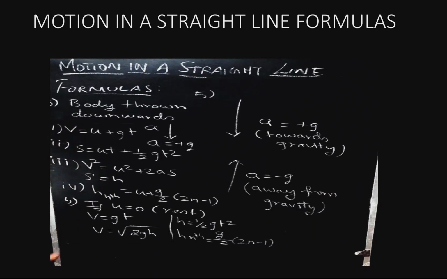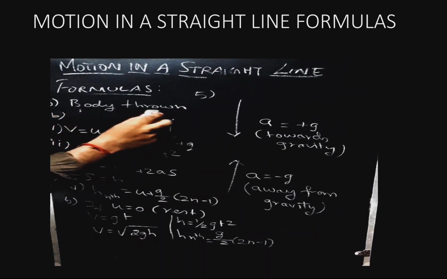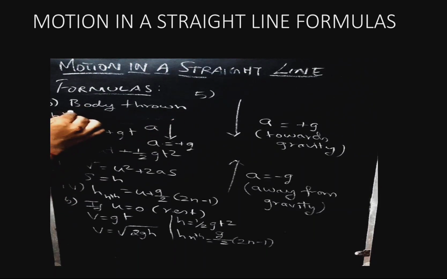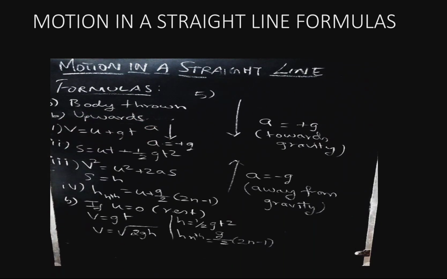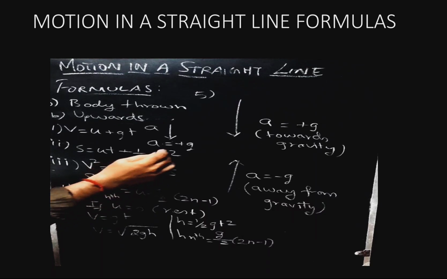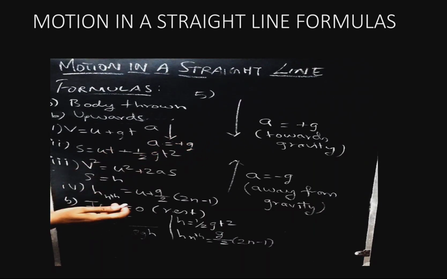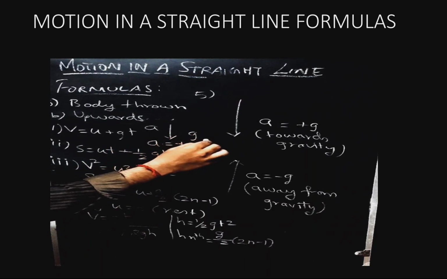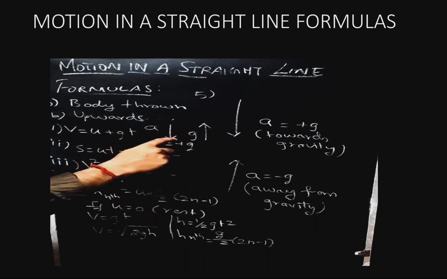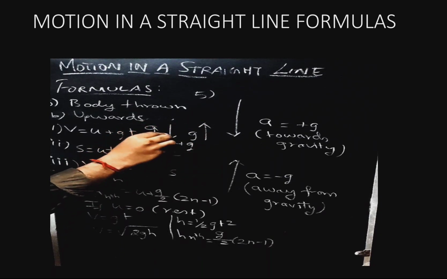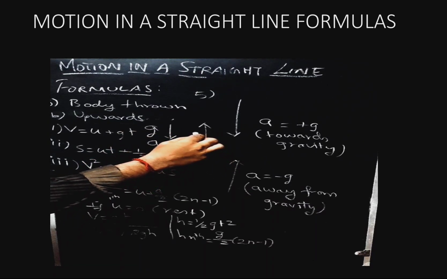Now I am going to slightly alter the expressions. For a body thrown upwards, the first thing is that A will be taken as minus G. I remove the plus sign and take it as minus G, as the object is thrown up. Now one by one I am going to substitute minus G in place of plus G, and that is how we are going to change the expressions.